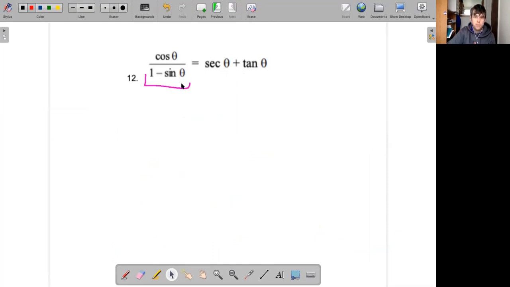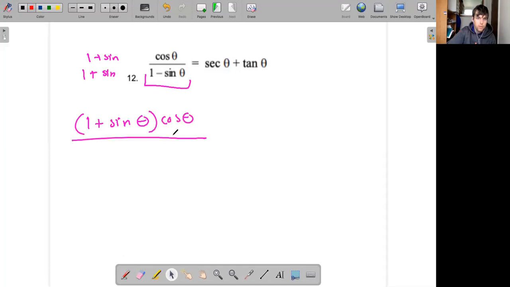I think the way to do this side is to actually multiply by a conjugate, to get this into something else. So let's do that. We're going to multiply by 1 plus sine on the top and the bottom. So we end up with 1 plus sine theta times cosine theta over 1 minus sine squared, which we've seen before.